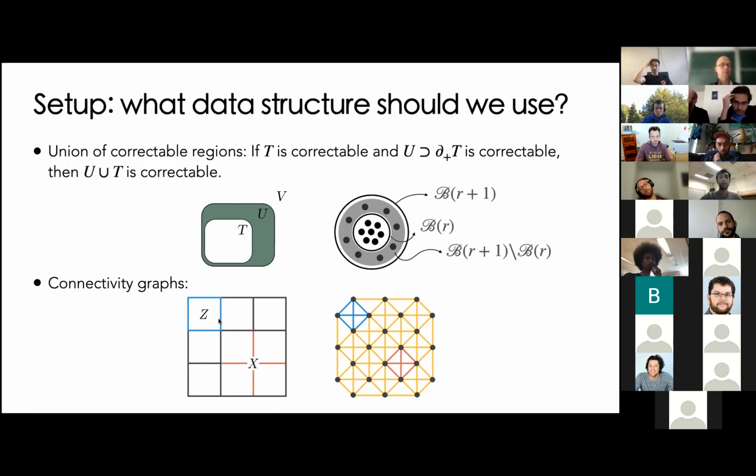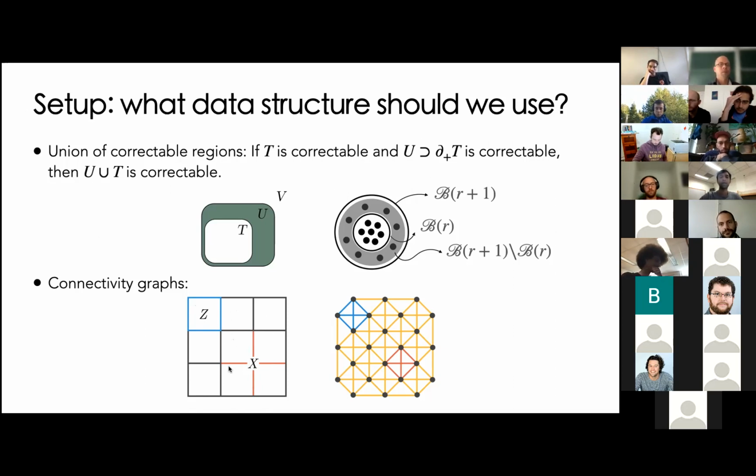There are qubits on the edges of this code, and the vertices and the faces of this lattice help us represent the stabilizers. Corresponding to every vertex, we have an operator that acts as X on all of the adjacent qubits, and corresponding to every face, we have an operator that acts as Z on all of the adjacent qubits.